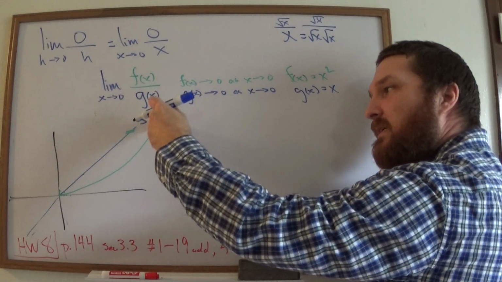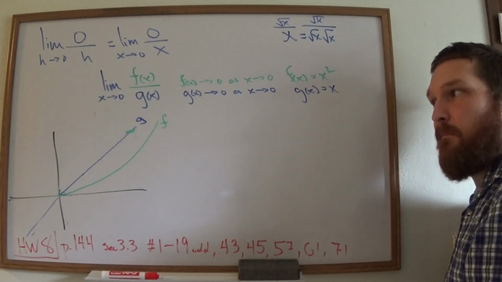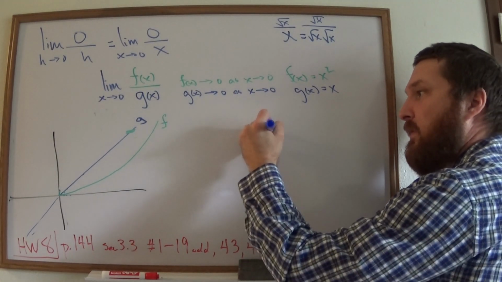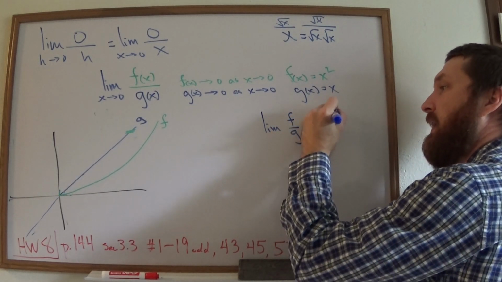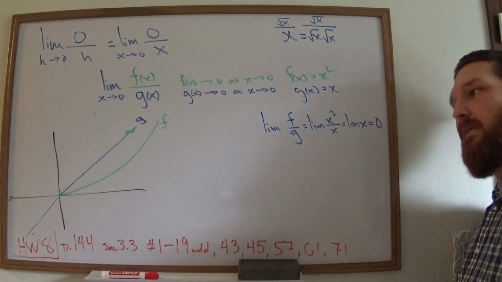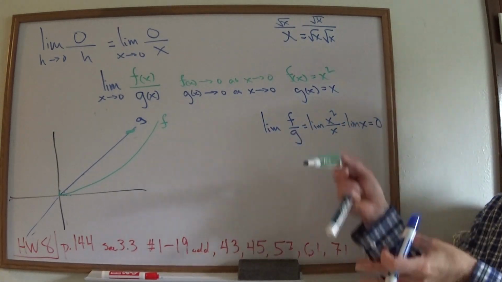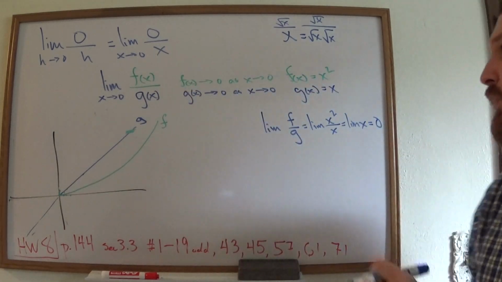Because f was getting to 0 much faster than g was, right? So the limit of f over g is the same thing as the limit of x squared over x, which is the limit of x, which does indeed go to 0 as x goes to 0. And we saw graphically that f is getting there much quicker.